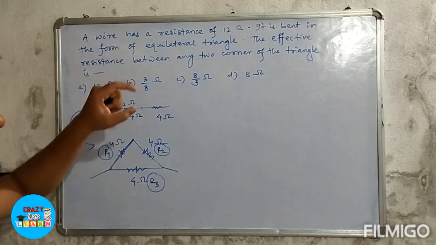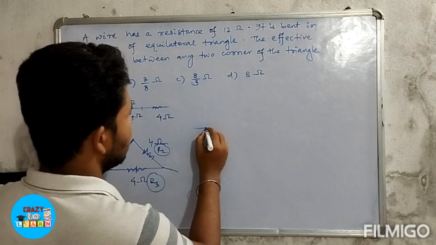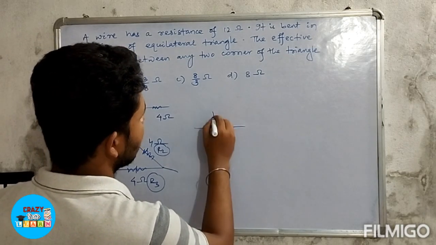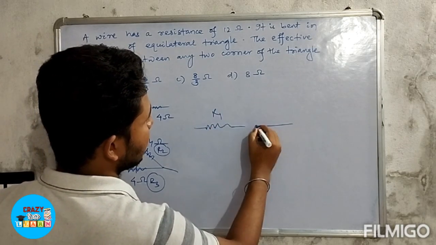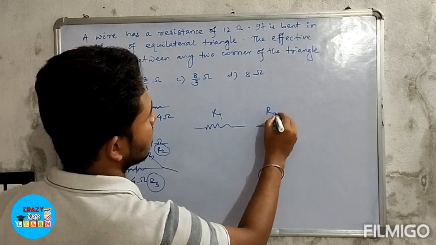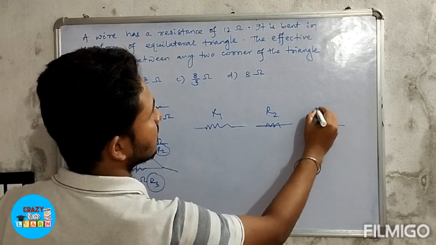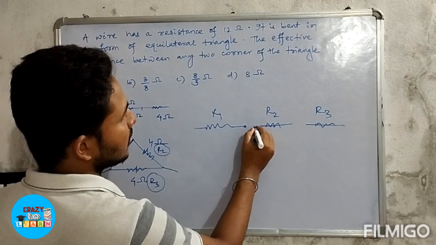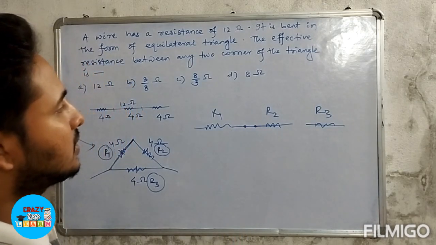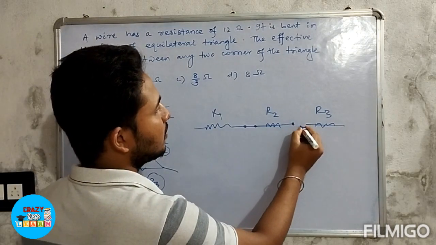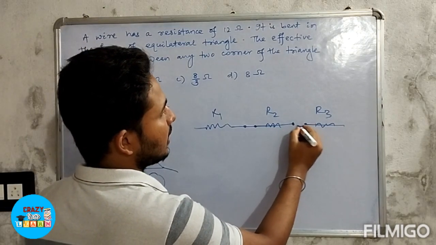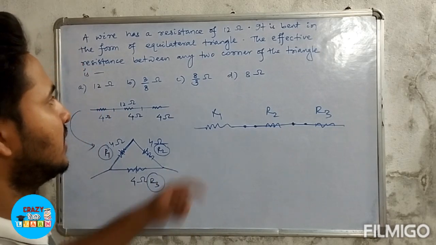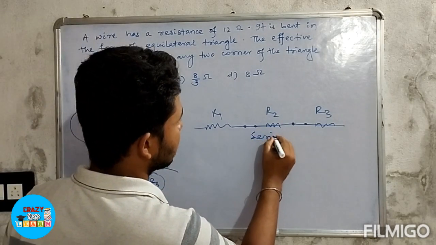Like this is one resistor R1, this is another resistor R2, and this is another resistor R3. When one end of the first resistor is connected to the other end of the second resistor, and the end of the second resistor is connected to the other end of the third resistor, then it is series connection.